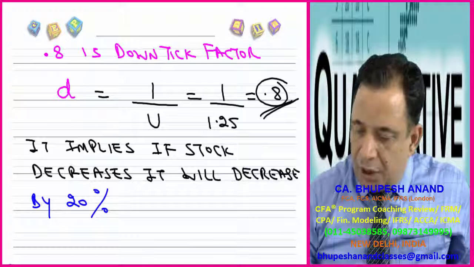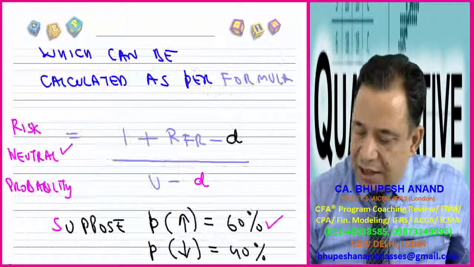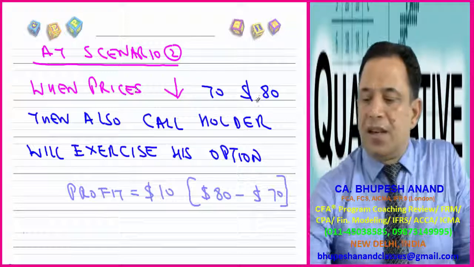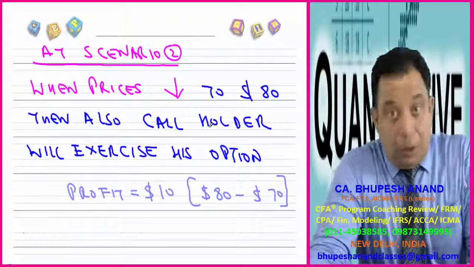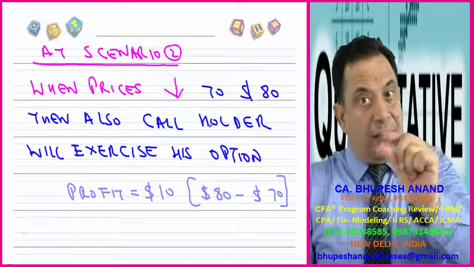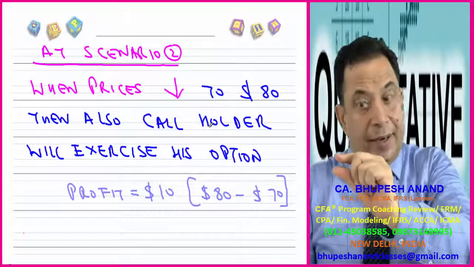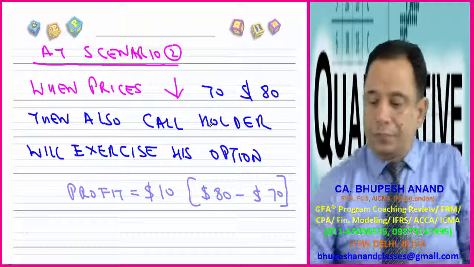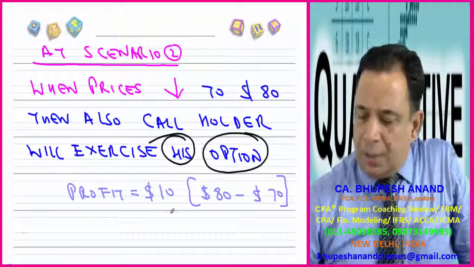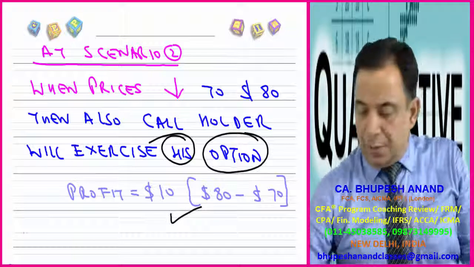And this profit of $10, I have given the calculation, just see to it. In scenario 2, when price decreases to 80, because there are two options. One is uptick factor, that is 125. Second is downtick factor, with the help of that, I have calculated $80. He will exercise the call option and the profit will be $10.